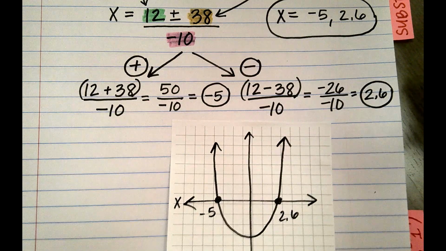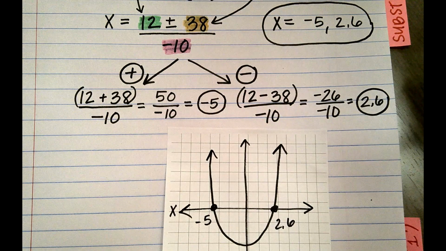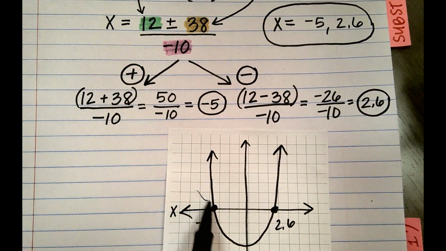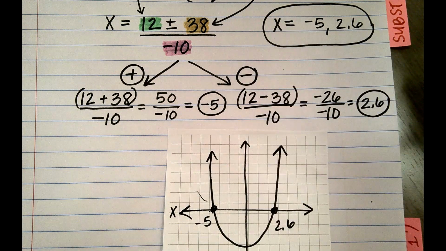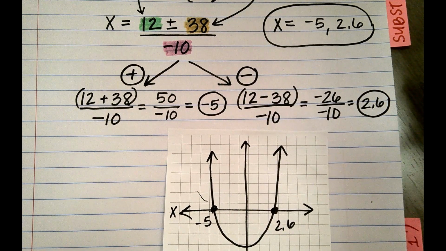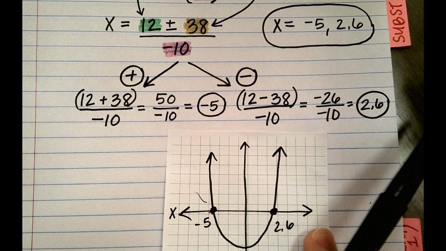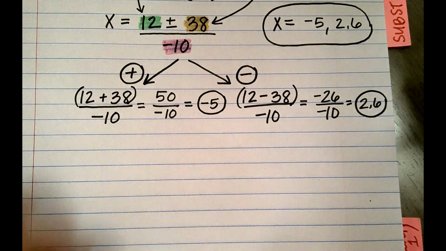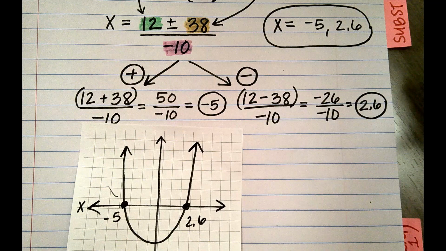Sometimes the visual helps because what we're doing right here feels like it's all up in the air and it doesn't have any context. But what's happening is we're finding where the graph is touching the x-axis in two spots. So x is -5 and 2.6. And that's your answer. And that's it.